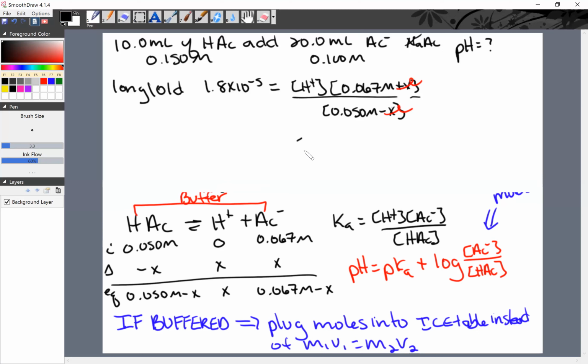I'm going to do my assumption. And so my proton concentration is going to be 1.8 times 10 to the minus fifth times 0.05 and divide both sides by 0.067. My new proton concentration is going to be 1.8 to the negative fifth times 0.05 over 0.067, and that is 1.3 times 10 to the minus fifth.